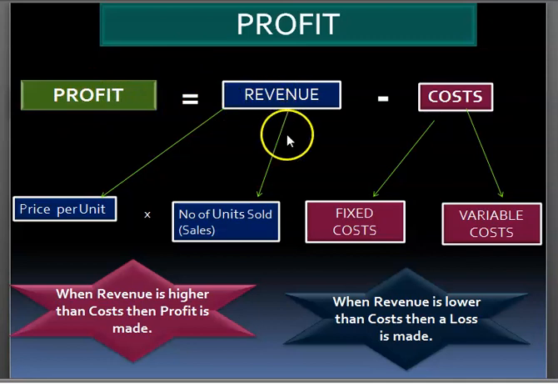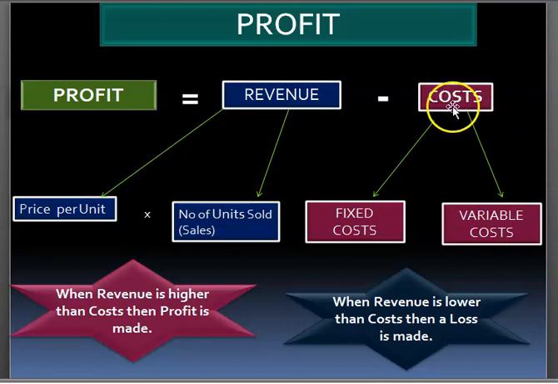So profit is calculated by the amount the business receives from selling their product, which we call revenue, and revenue is made up of the price multiplied by the number of units sold, which is the sales, minus the amount spent.